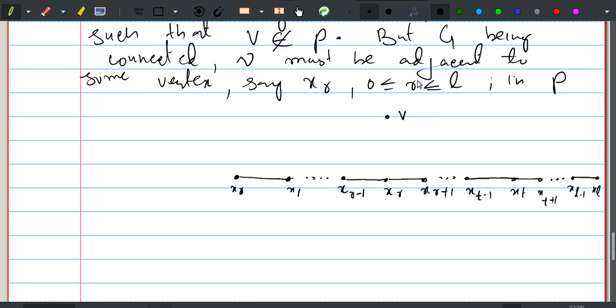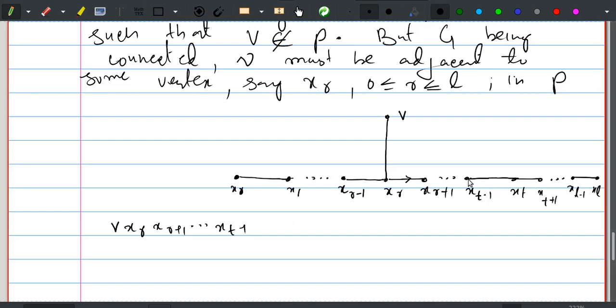Now this V is adjacent to XR, so we start with vertex V and go to XR. Then we go to XR plus 1, so on to XT minus 1.